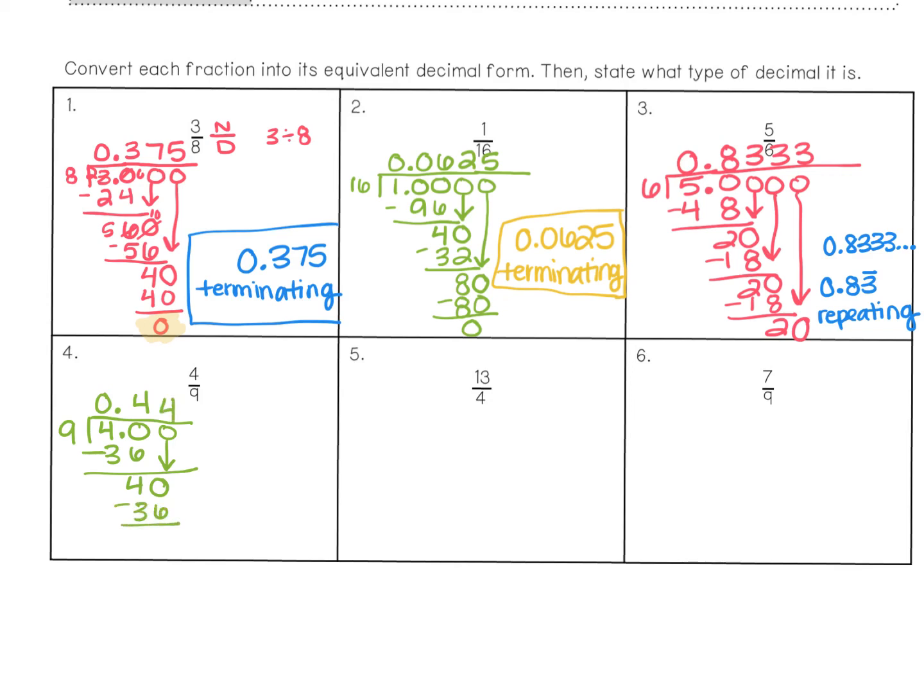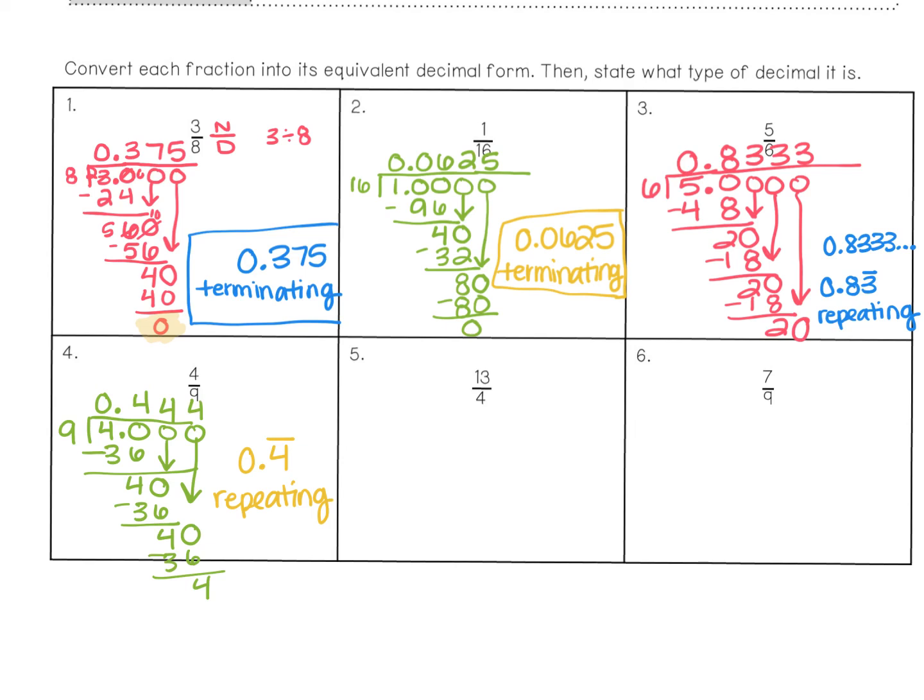And as you can see, I'm going to get 4 each and every time, because 40 minus 36 is 4. So when I add another 0, that's always going to become 40 again. So this is a repeating decimal, and it's 0.4 repeating.